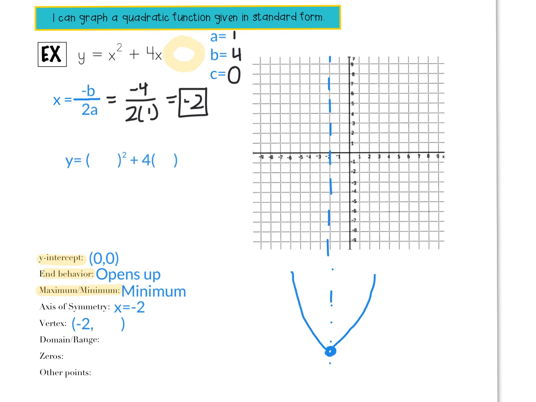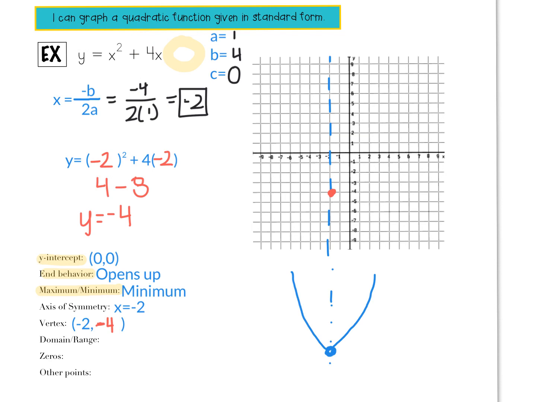So I took my function, y equals x squared plus 4x, and we're looking specifically when x is -2, and then I just calculate. So -2 squared is 4, plus 4 times -2 is -8, and 4 minus 8 is -4. So y is -4 when x is -2. So I now know that I have a vertex at (-2, -4).